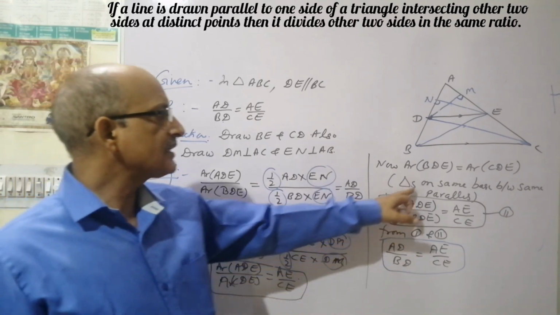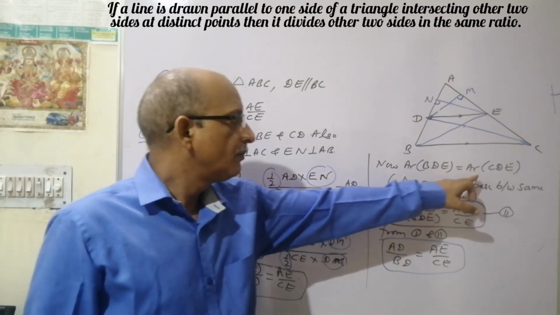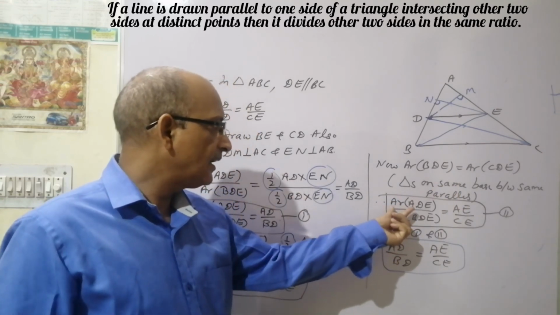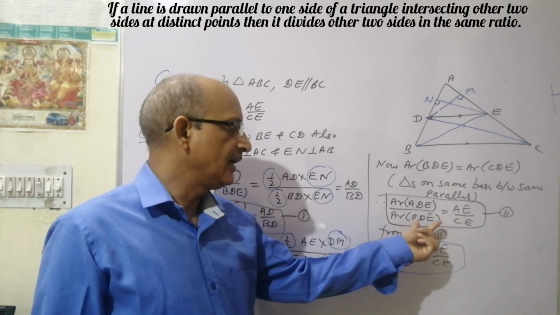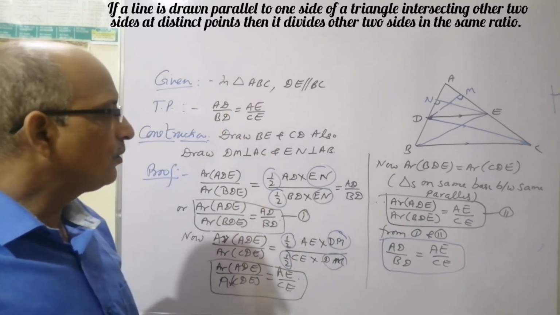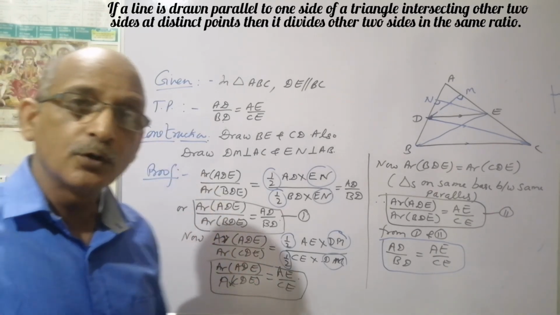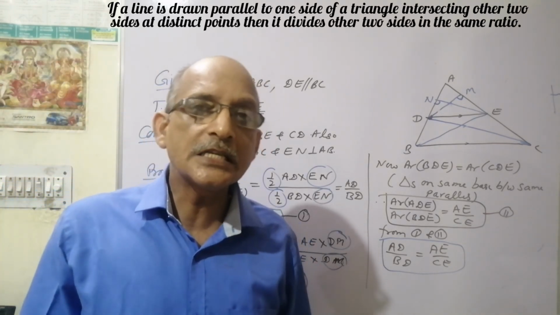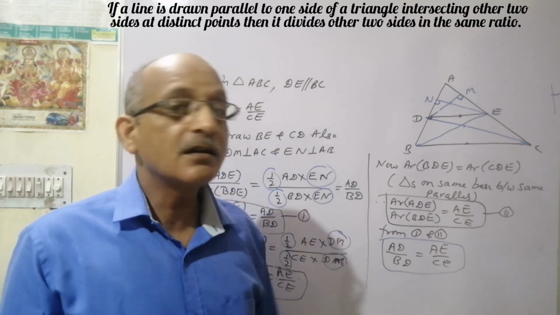Now we can replace area CDE by its equal. So I have written area ADE upon area BDE equal to AE upon CE. This is equation number 2. Compare it with equation number 1: the left hand sides of both equations are equal, so consequently the right hand sides will also be equal. That is the conclusion.